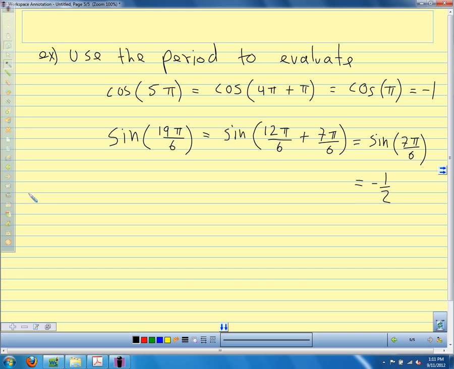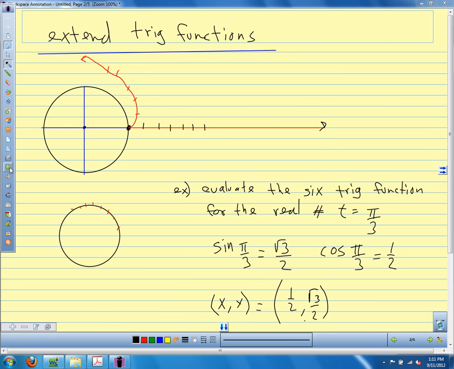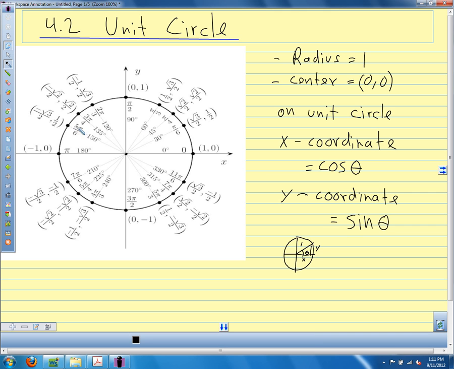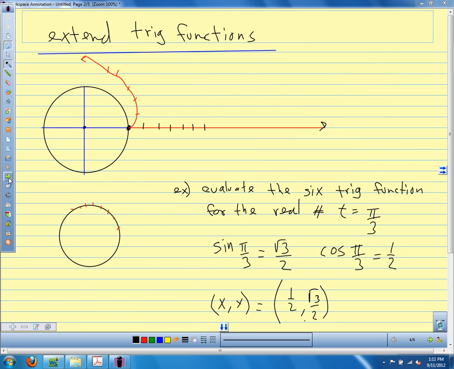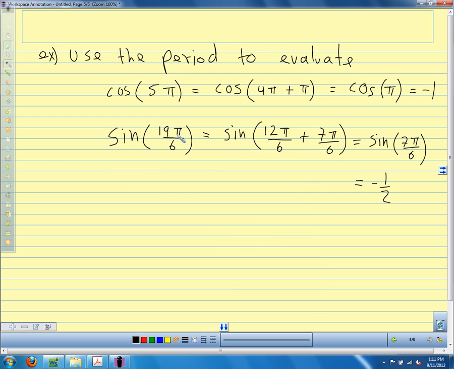So I'll go back to the unit circle we had up here. Here's our unit circle. Here's 5 pi over 6. 7 pi over 6 is right here. The y coordinate is -1/2. So when the problem asks you to use the period, you're writing the angle as a multiple of 2 pi plus some other angle.